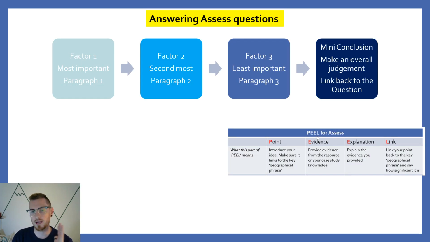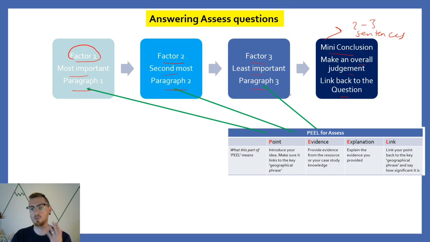Overall structure then, let's go. Factor 1, your first point, most important point, paragraph 1, then go into your second paragraph, your second factor, your second idea, third factor, least important idea, paragraph 3, then make a mini conclusion. We're talking here 2 to 3 sentences long only, where you make an overall judgment linking back to the question.